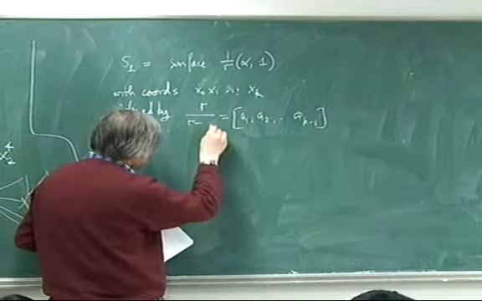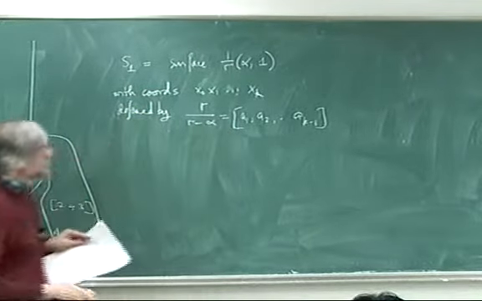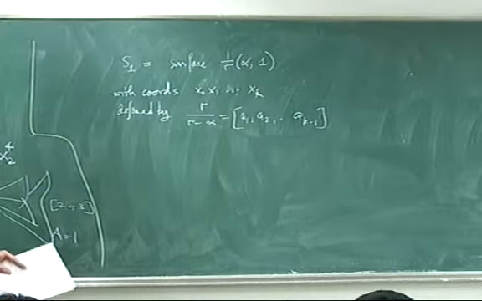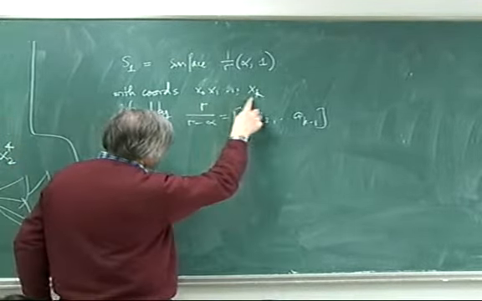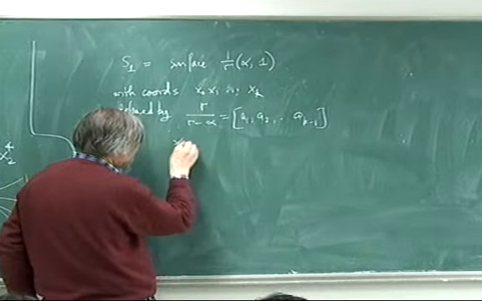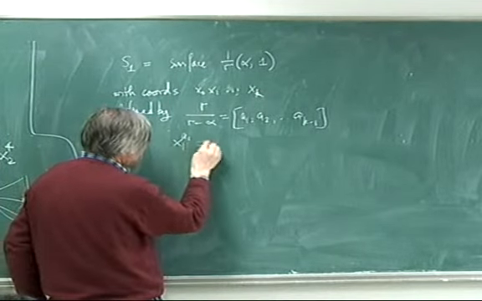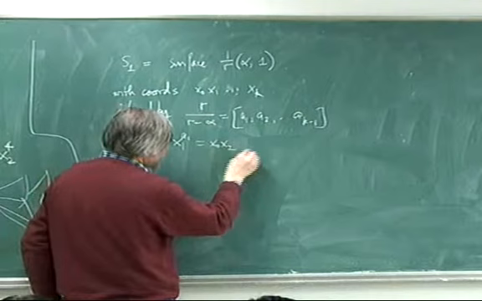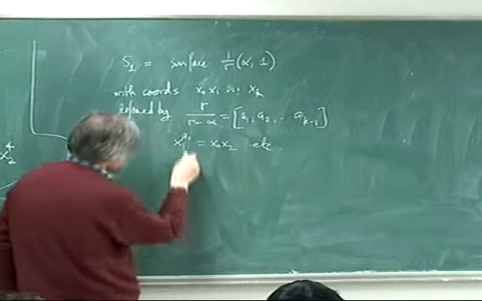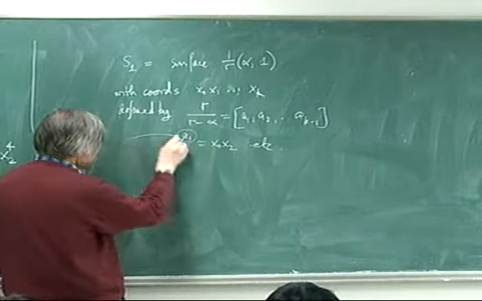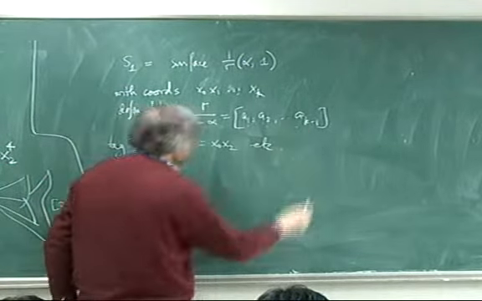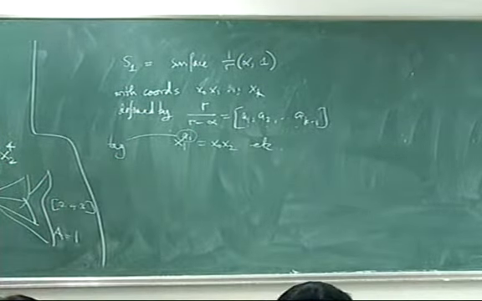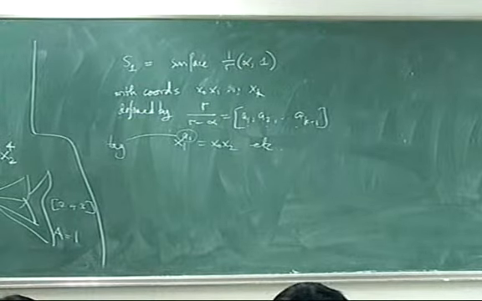Sorry, this is alpha. So the coordinates here are x0, x1 up to xk. I have equations x1 to the a1 equals x0 x2, etc. And these exponents here are called tags, these numbers here. And there are other equations as I've described before.